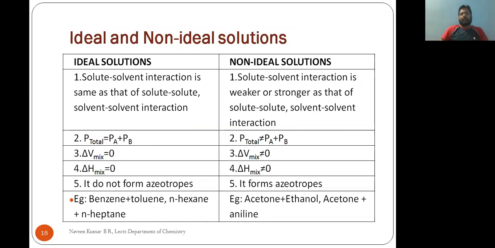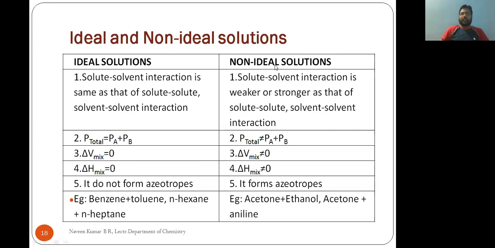If any solution obeys Raoult's law under all conditions, that is under all concentrations, we call such solutions ideal solutions. Non-ideal solutions are those which do not obey Raoult's law under all conditions.